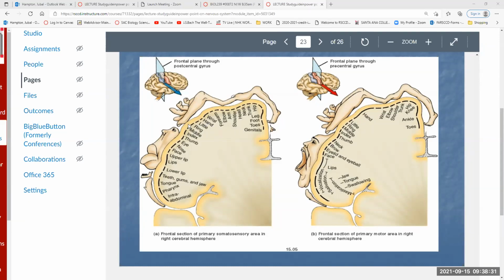And for sensation, the lips here and here. So it's no wonder that in terms of intimacy with humans, touching of fingers and hands, the face, lips, this really gets a brain's attention because of all the space devoted here to it.